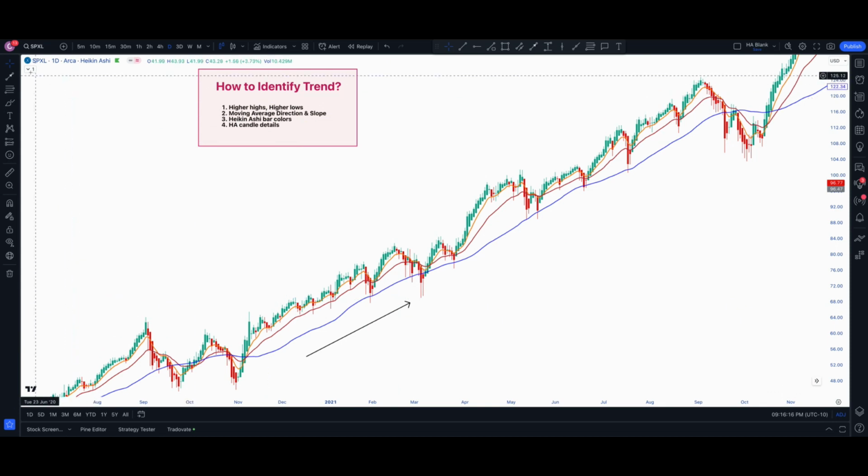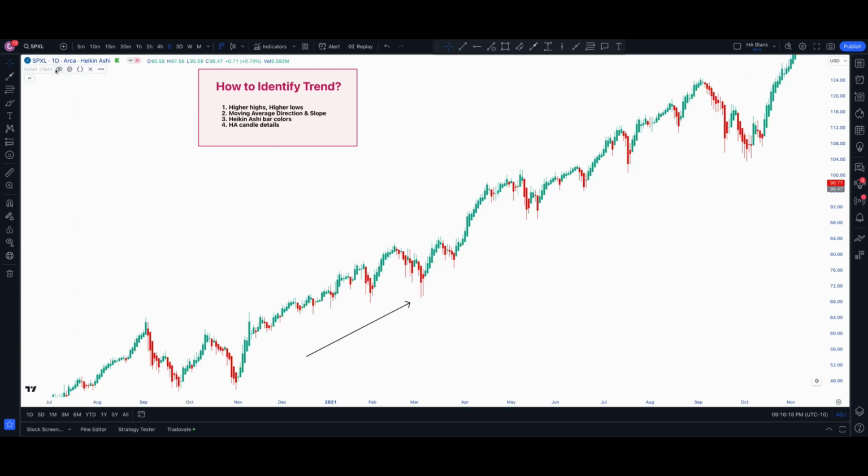Heikin-Ashi bar colors. So the Heikin-Ashi method is extremely simple and is very helpful for identifying trends because it removes a lot of the price noise. You get rid of the gaps, you get rid of the random down candle in an upward trend, and it makes it a lot easier to look at.